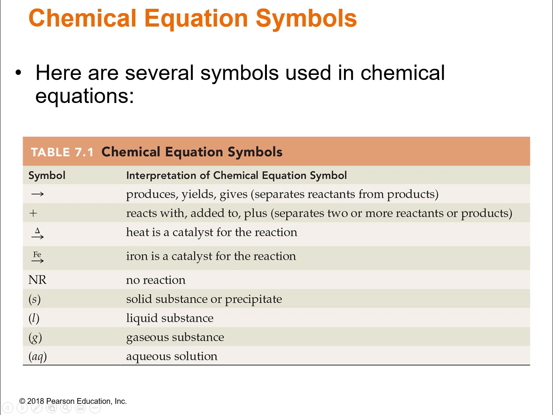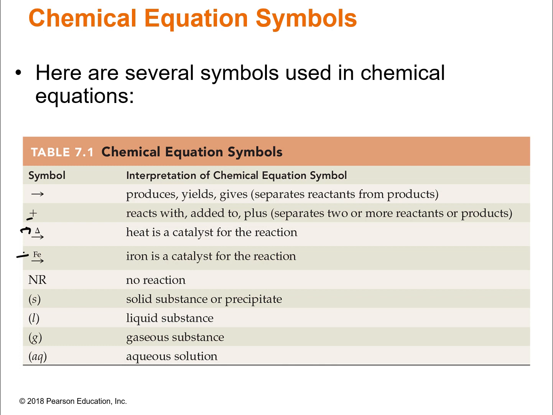So, as I promised, here's a chart that has all the chemical equation symbols that you might encounter. So we covered the yields. I didn't talk about the plus sign. That's kind of intuitive, but it just separates the reactants and the products. If you've got multiple reactants, multiple products, you're going to separate them with the plus sign. If you have a little triangle over your yield sign, that means that you're using heat.